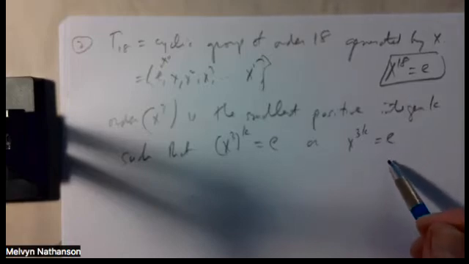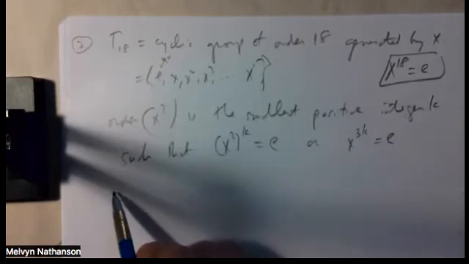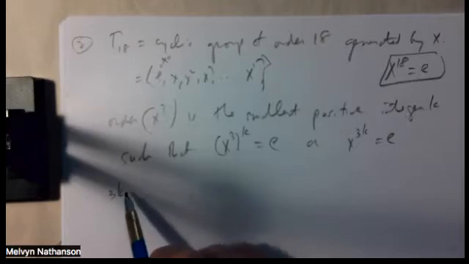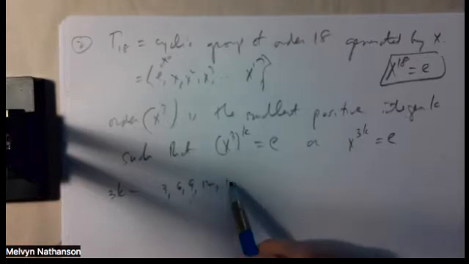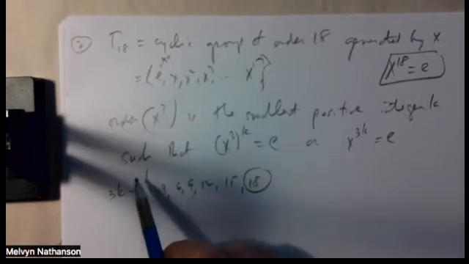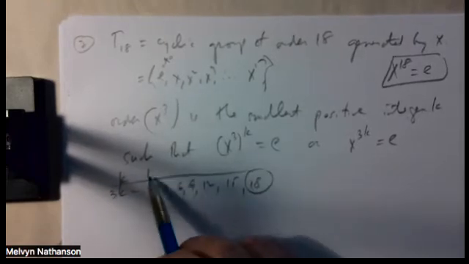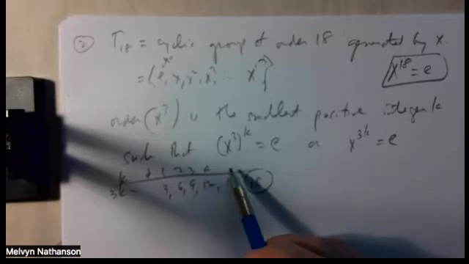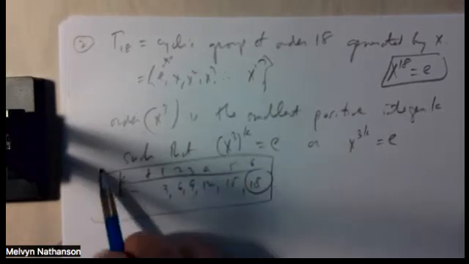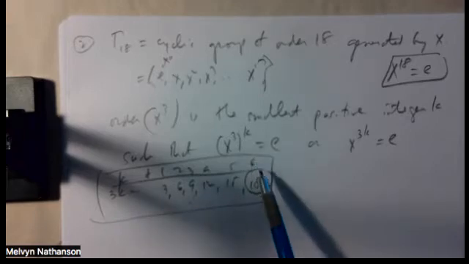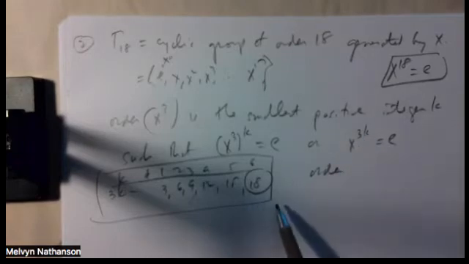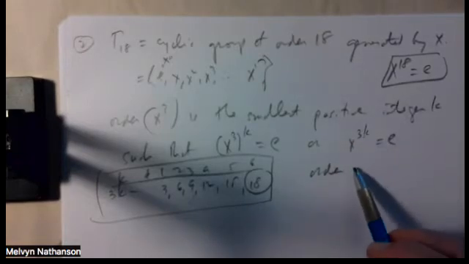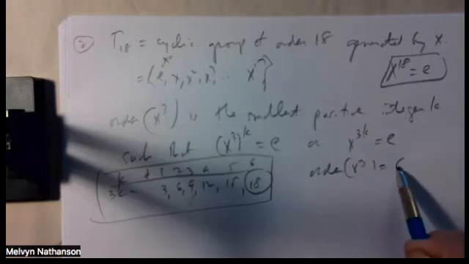So what are these multiples? 3, 6, 9, 12, 15, 18. Let's make a little table: k and 3k. So 1, 2, 3, 4, 5, 6. When k is 6, 3k is 18, you get the identity. So the order, the smallest k for which x to the 3k is the identity, is 6.